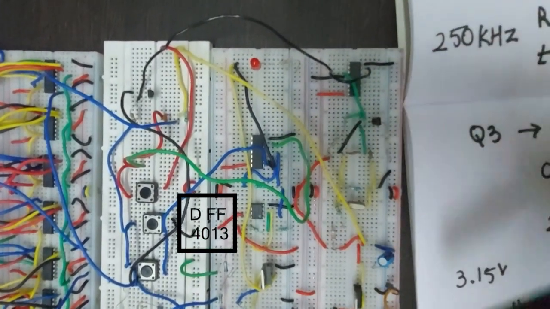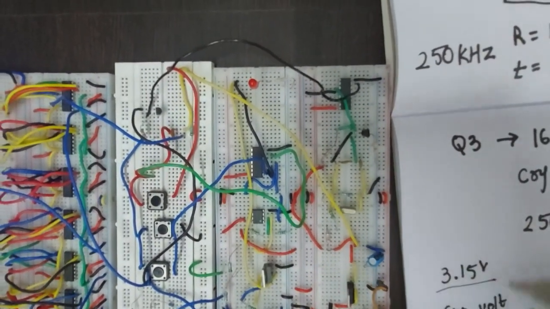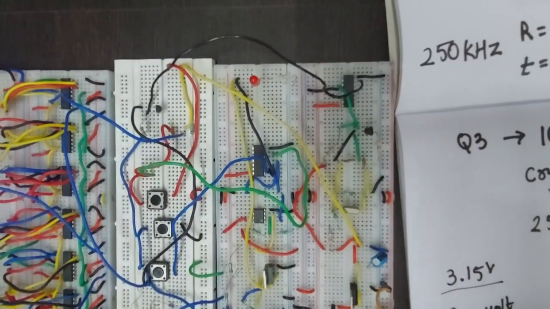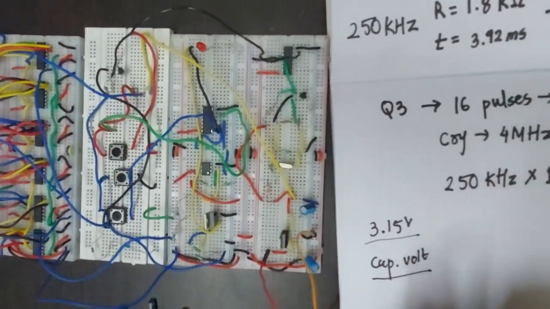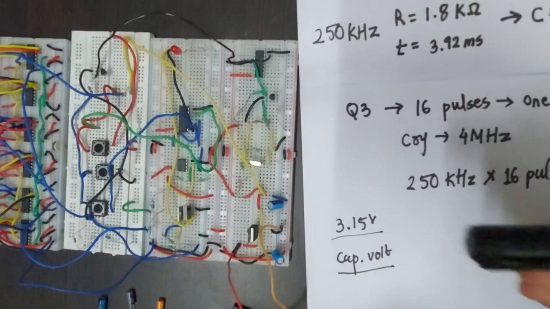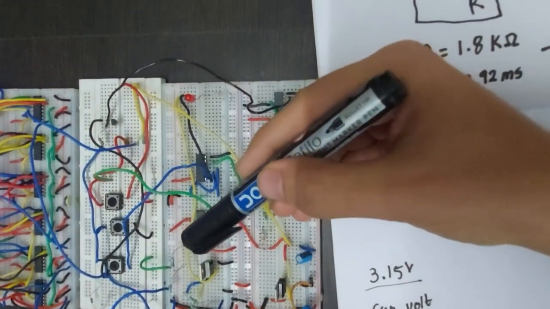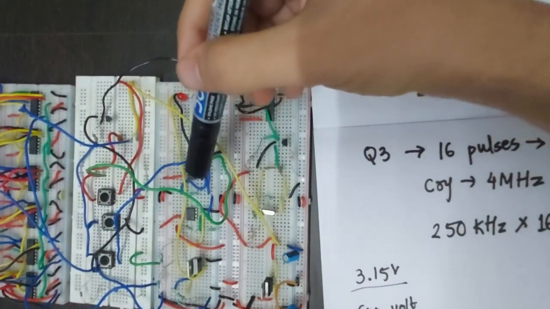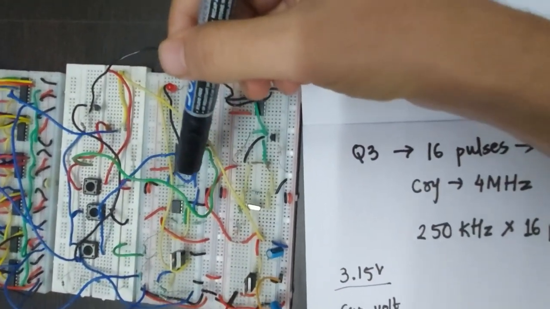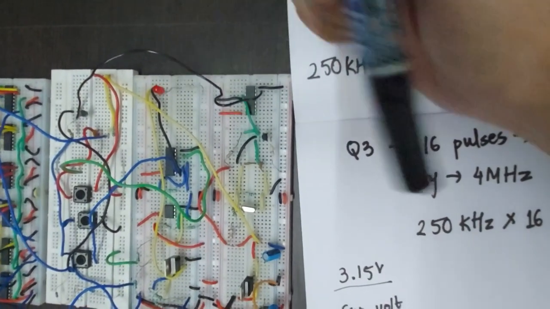When the voltages are equal, 3.15 volt equals the capacitor voltage, or we can say the capacitor is charged up to 3.15 volt, the output of the op-amp is set to 1 and it is given to the reset input of the D flip-flop, which turns on the LED, which indicates that the testing is done.